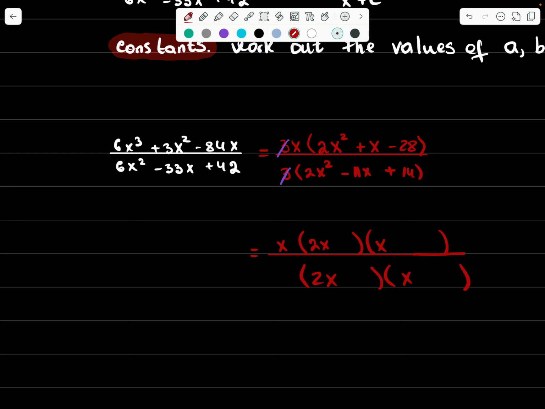So what I have to do now is think of what I need to write here, whether plus or minus, because not everything is plus over here. When I expand only this part, it should give me exactly this.